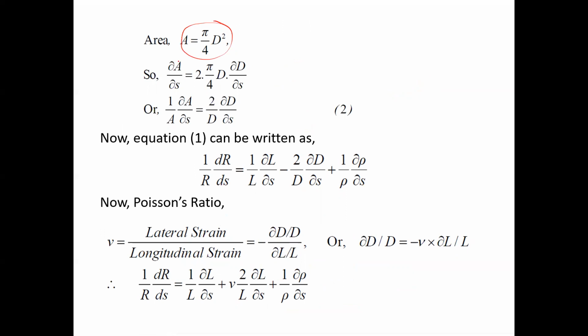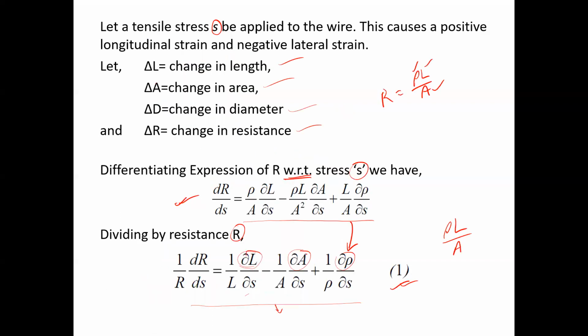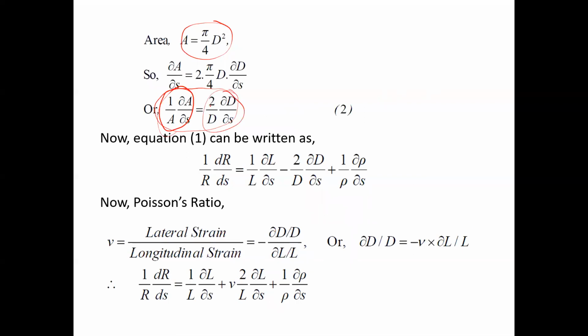And here also, if on both the sides partial derivative is taken with respect to the applied stress S, then a relationship between the area and the diameter can be formed in this way. So once this relationship has been established, this term in the previous equation can be replaced with the modified term.